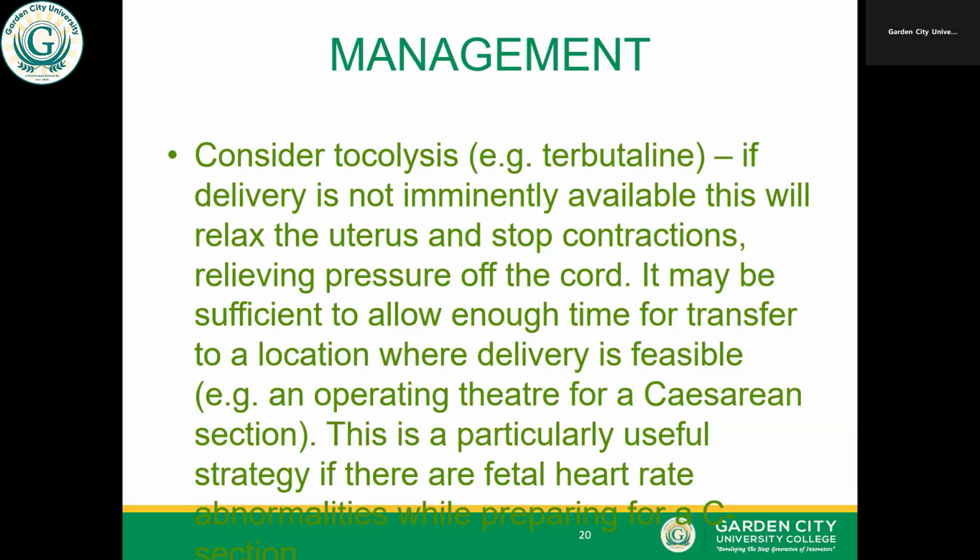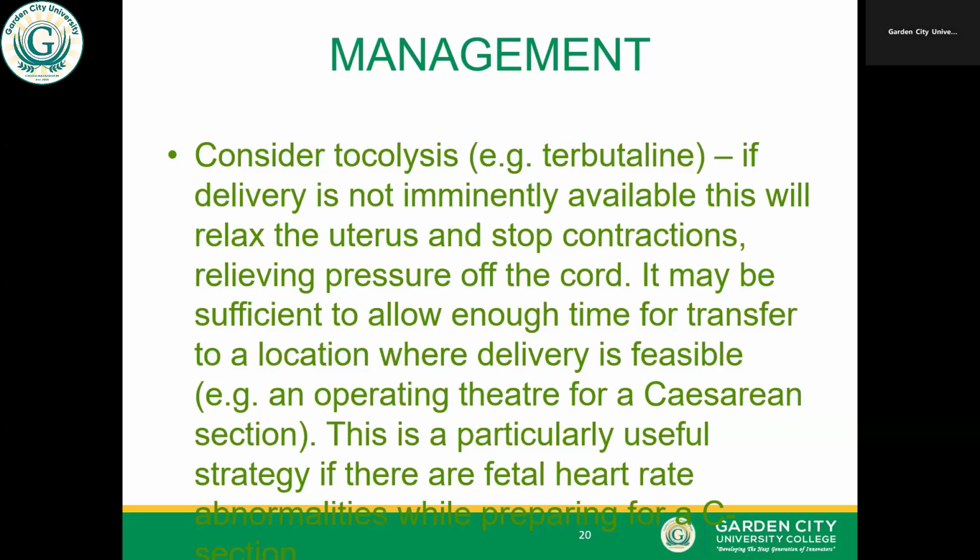So you should also consider giving tocolytics, because at this point, we do not want anything that will cause occlusion. So if delivery is not imminent, if the woman is not fully dilated, then you give tocolytics to relax the uterus, to stop the uterine contractions.